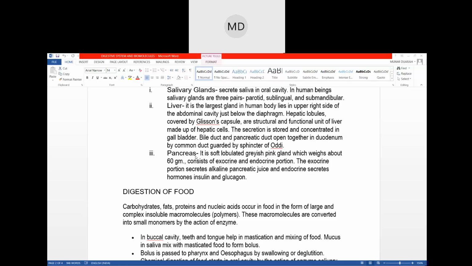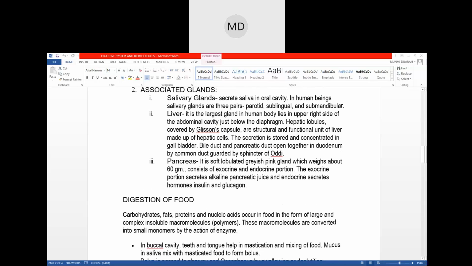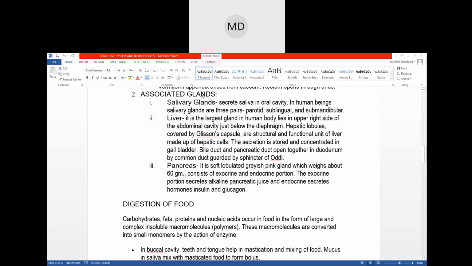Because it has an exocrine as well as an endocrine part, and the endocrine part will release insulin and glucagon. The exocrine part will release this pancreatic juice through the pancreatic duct. This pancreatic juice also plays a very important role in digestion. That is why pancreas is also very important.